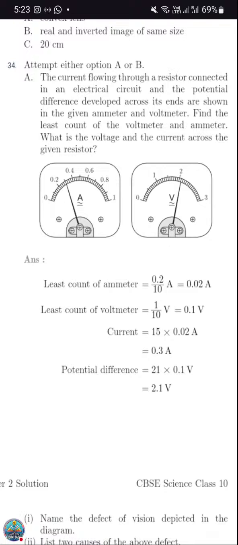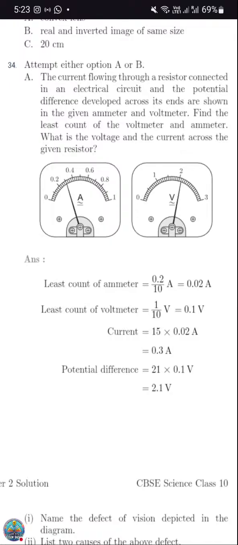So how did we do yesterday? Wherever the pointer is, for the least count we divide that by 10. So the least count of the ammeter: it is in between the interval of 0.2 to 0.4. So 0.2 divided by 10.